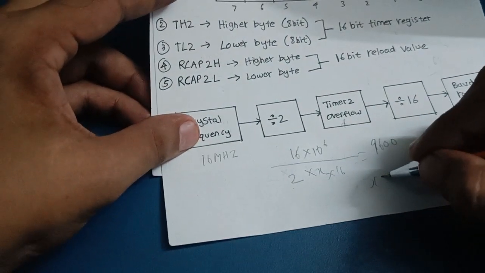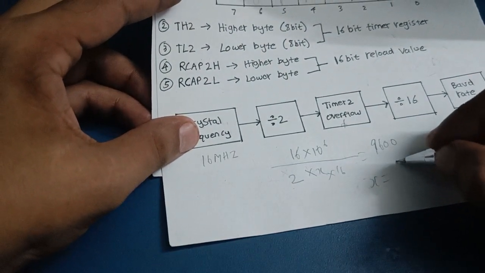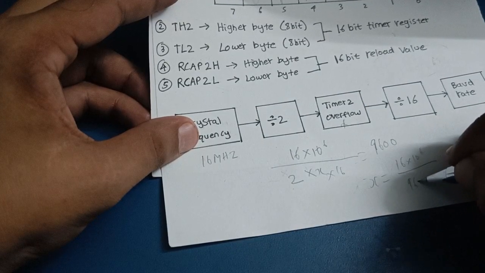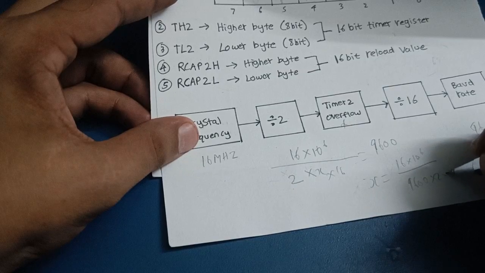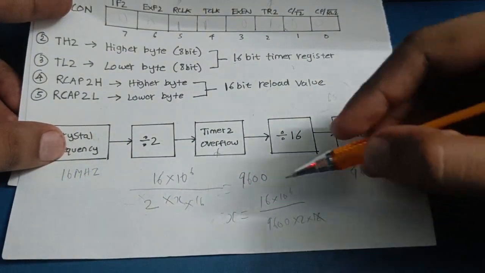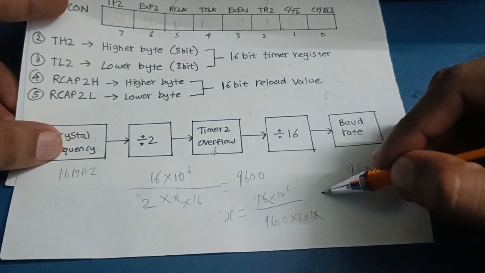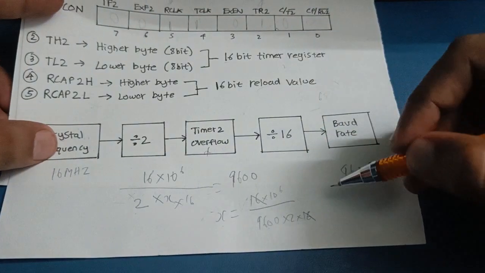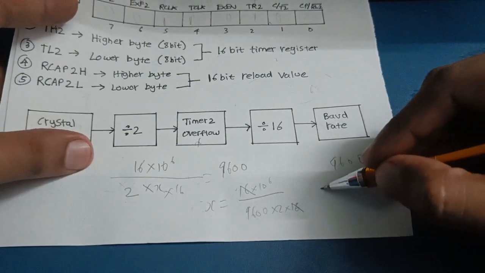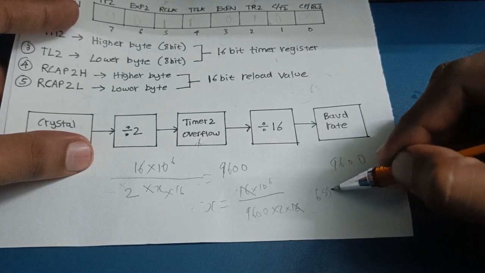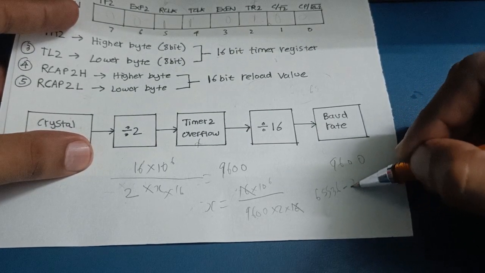So x is equal to 16 into 10 raised to 6 divided by 9600 into 2 into 16. So this 16 will get cancelled out. So 10 raised to 6 divided by 9600 into 2 will give x. And this x we have to subtract from the maximum count, 2 raised to 16, so 65536 minus x.